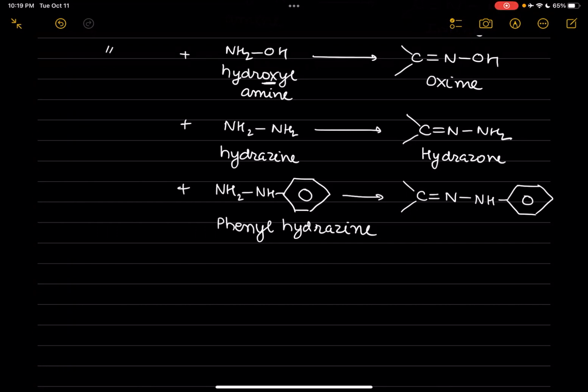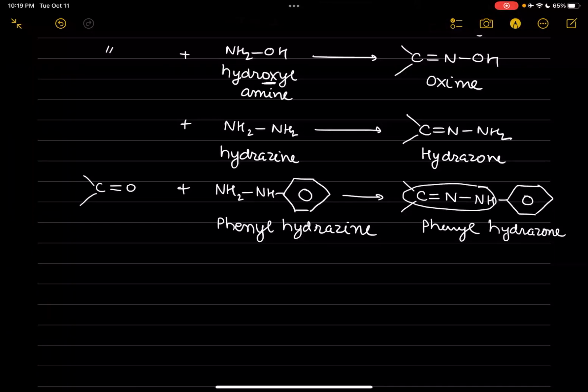The product is going to be phenylhydrazone. This functional group is known as azone.